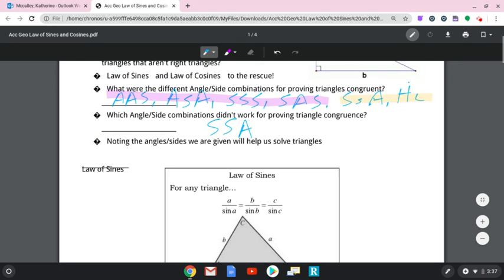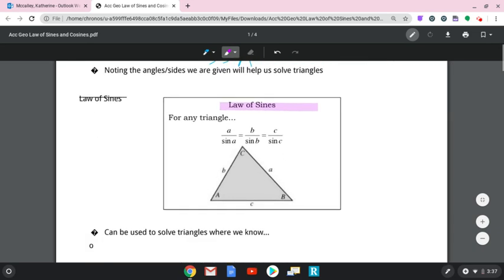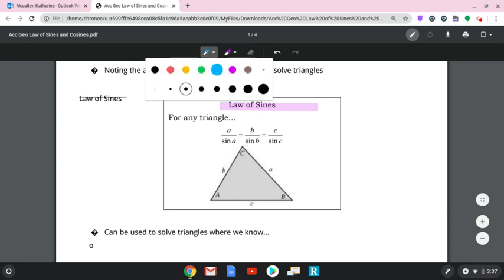So today we're going to start with law of sines, and this is our law of sines formula right here. Law of sines is a ratio saying if I have an oblique triangle, meaning a triangle where we do not have a right angle, the ratio of side length A over sine A. And I'm actually going to edit this a little.